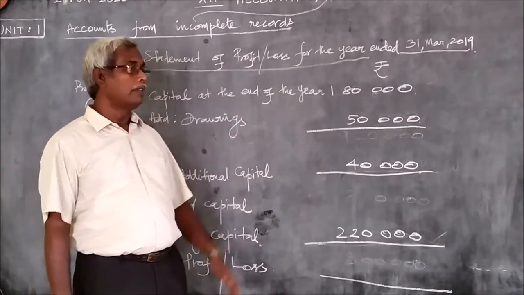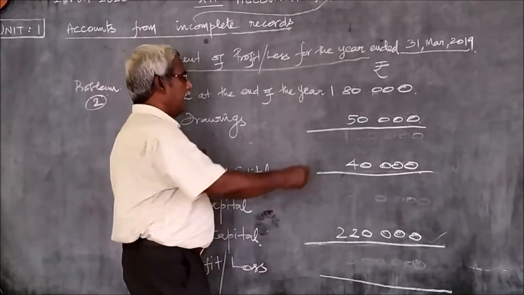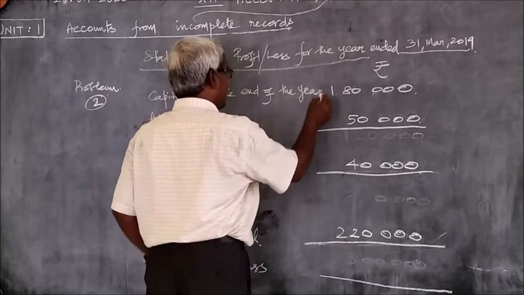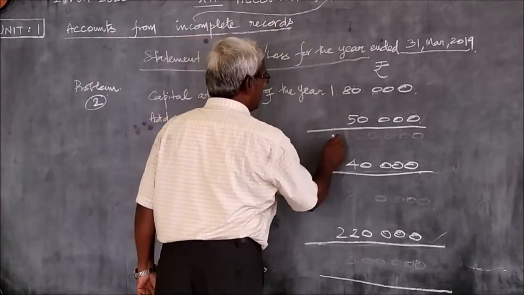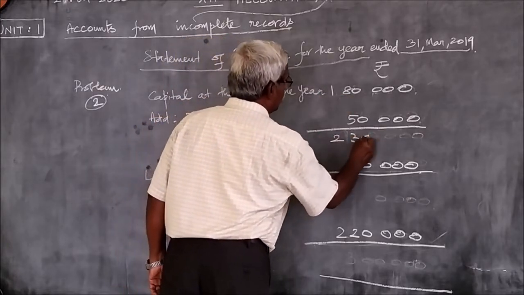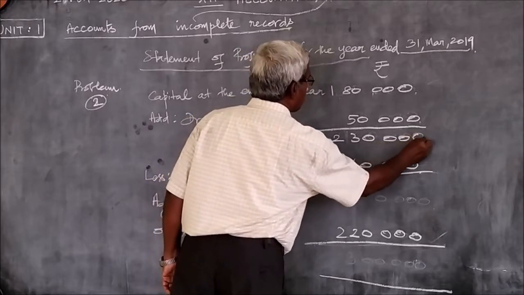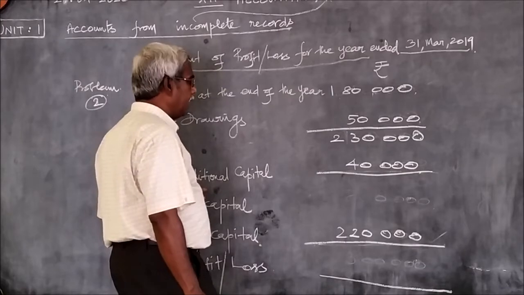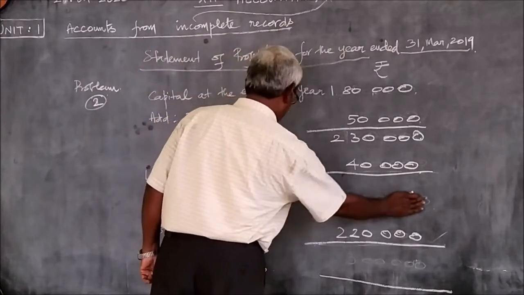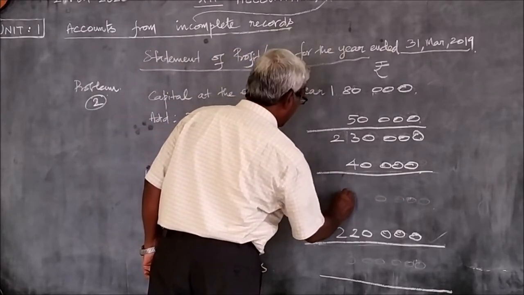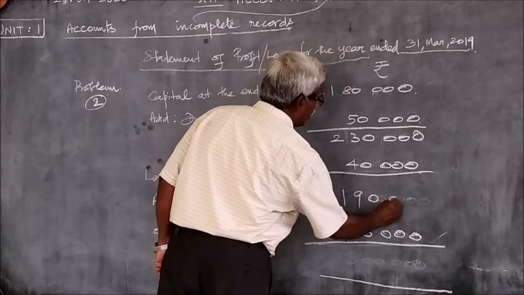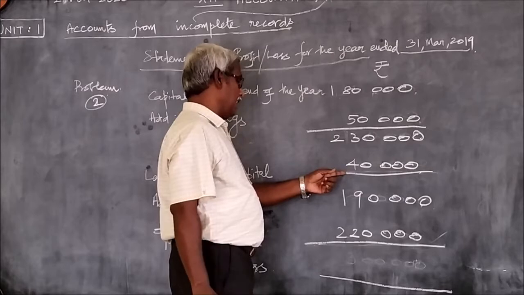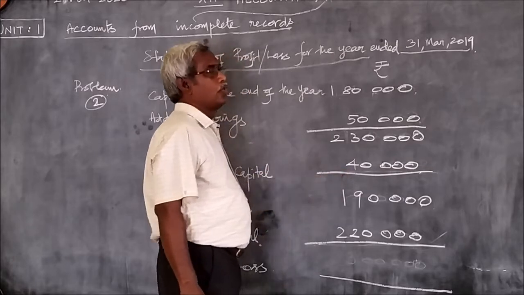Now we should follow the format. Capital at the end of the year 1,80,000. Add drawings. Add 1,80,000 with 50,000, 2,30,000. And from this, less additional capital 40,000. So 2,30,000 minus 40,000 is 1,90,000.